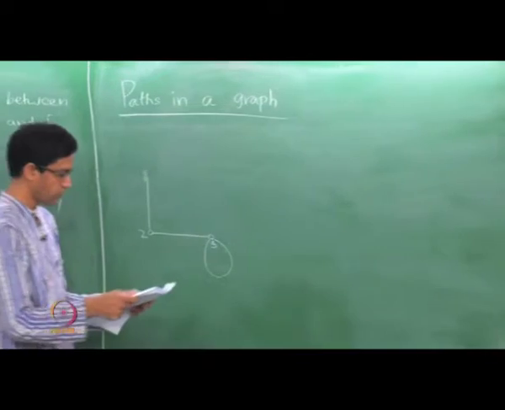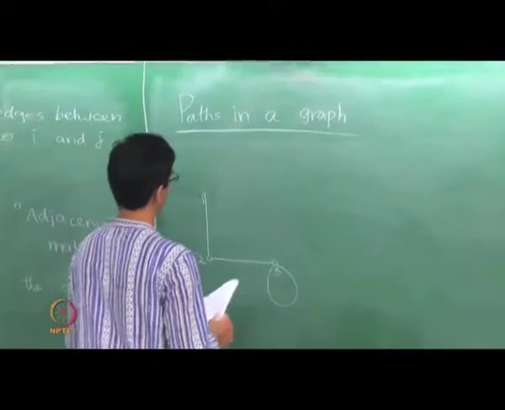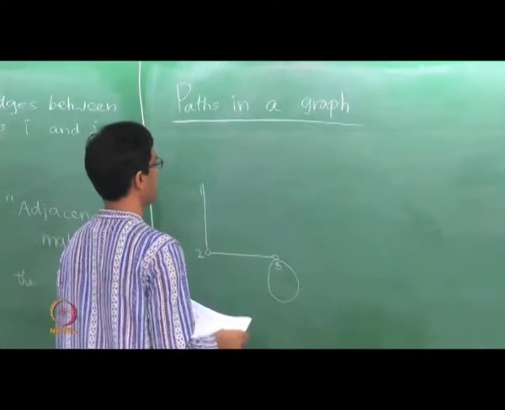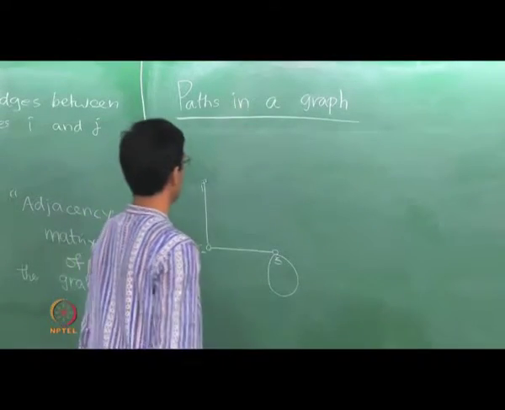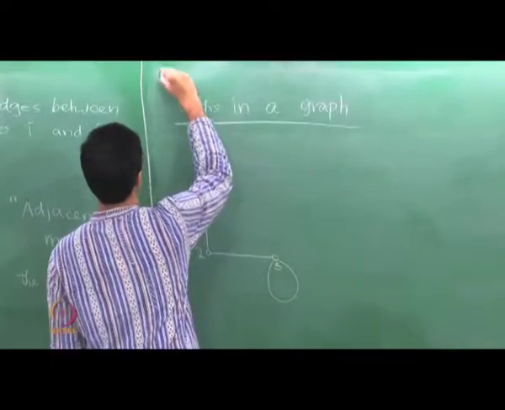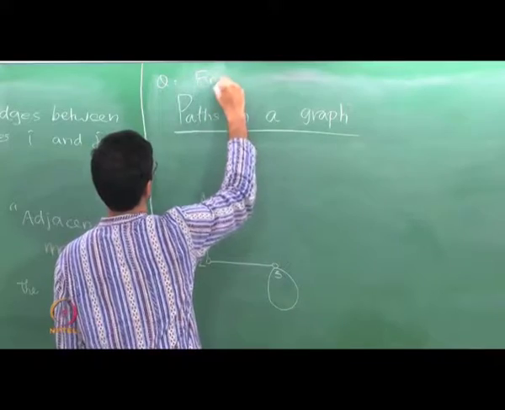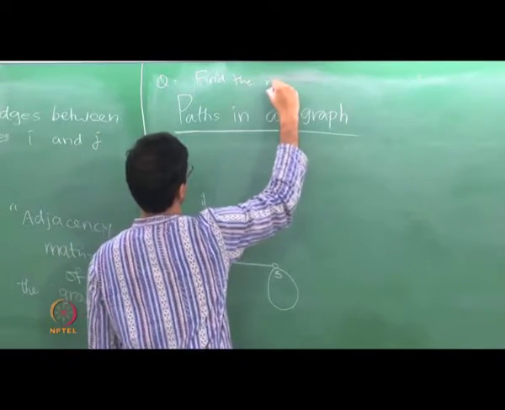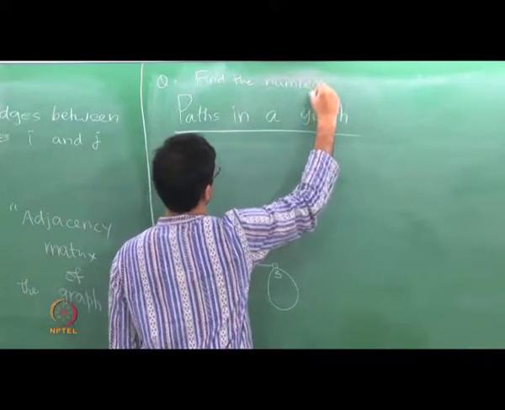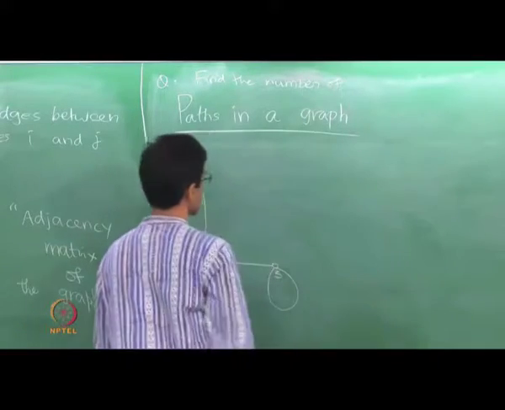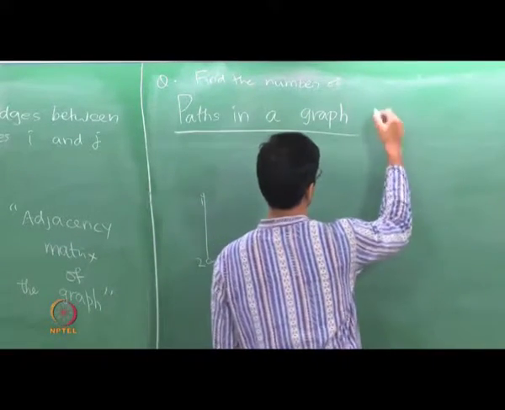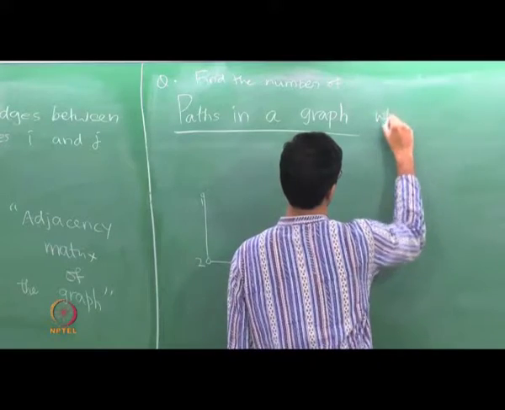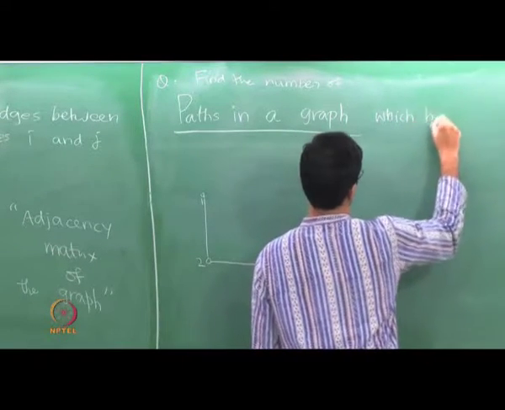Okay, so what we would like is to find the number of paths in a graph which connect any one vertex to any other vertex. So here's the problem question: find the number of paths in a graph which connect a vertex i to vertex j, and which have some given length, say length d.